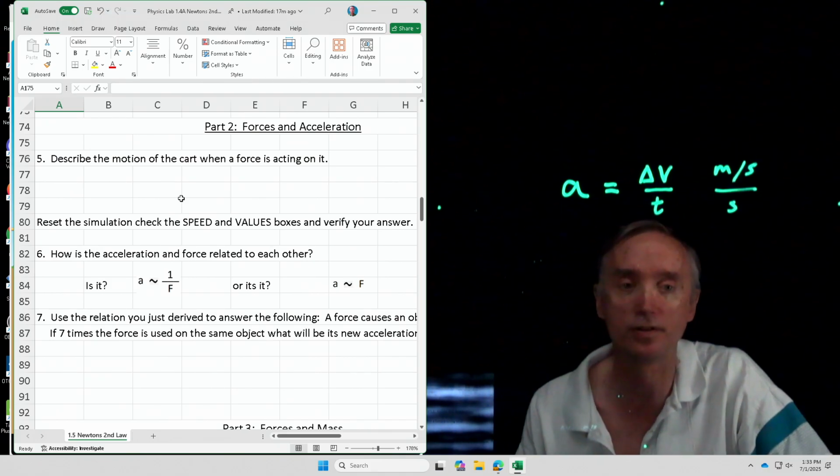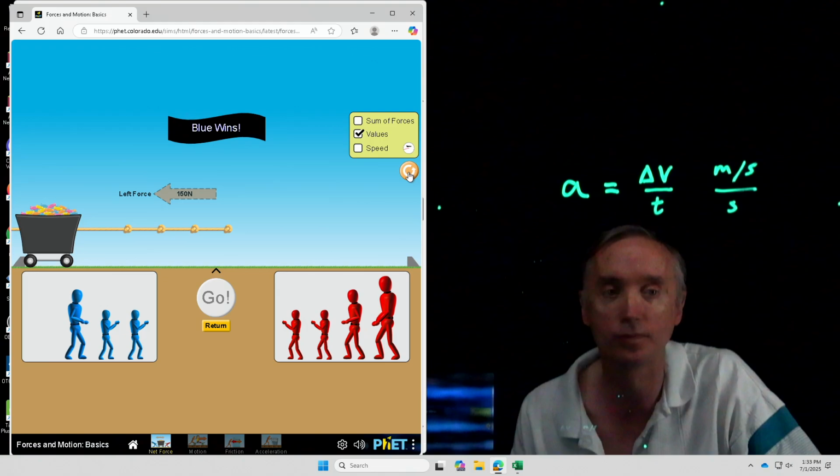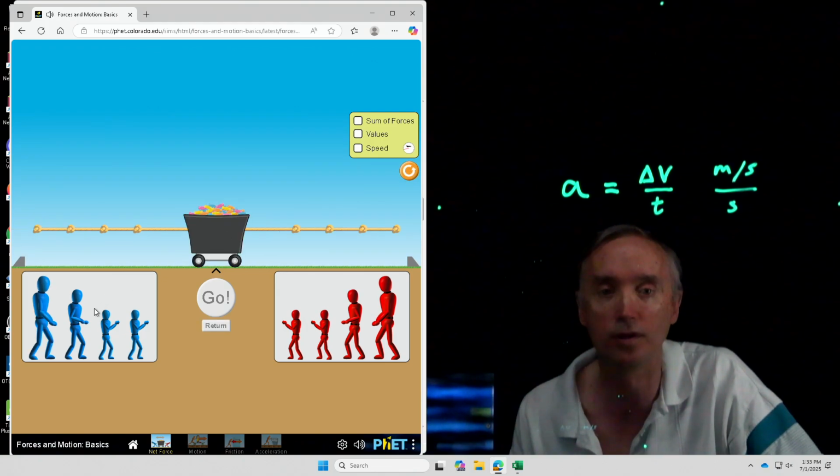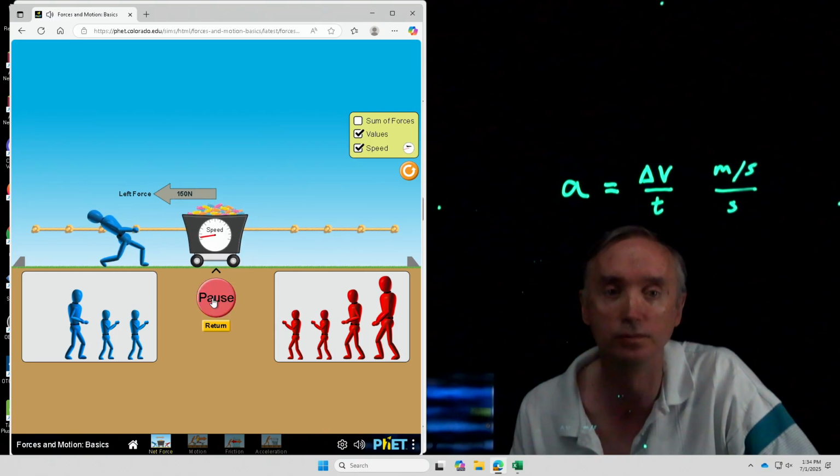Now it was kind of hard to tell exactly what that motion was, so this time we're going to reset the simulation. We're going to put an adult back on there, but this time we're going to click on values, and we're going to click on speed, and you see that we get a speedometer there, and we're going to click on go.